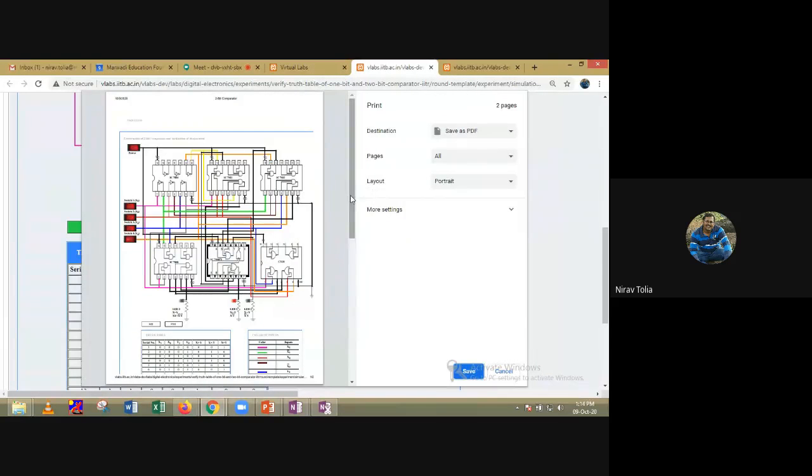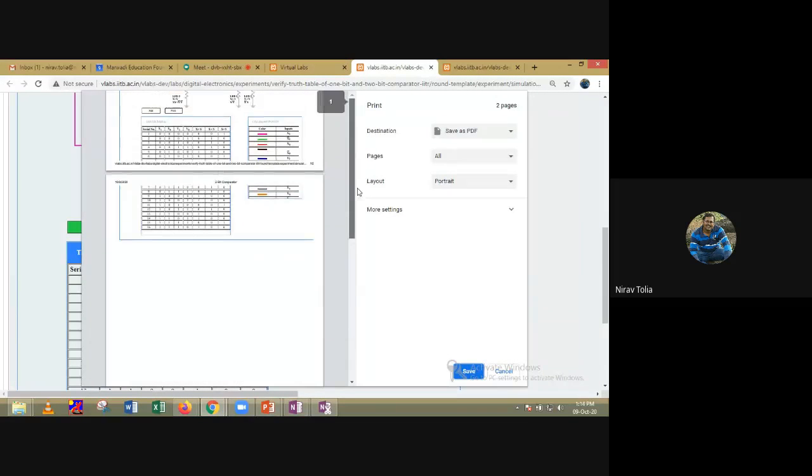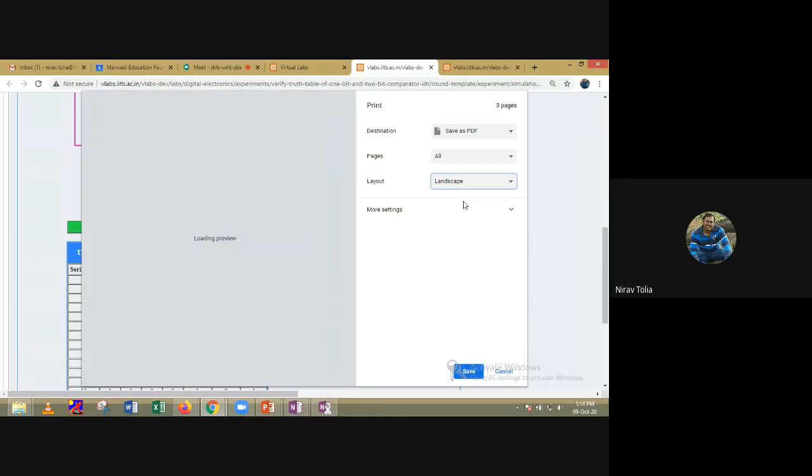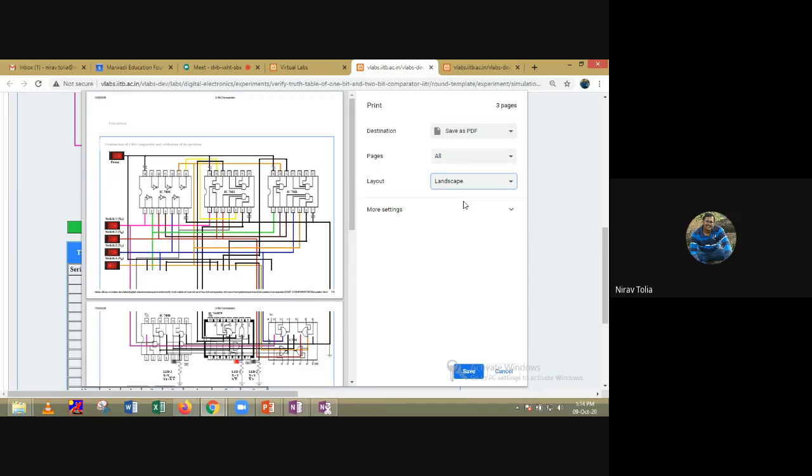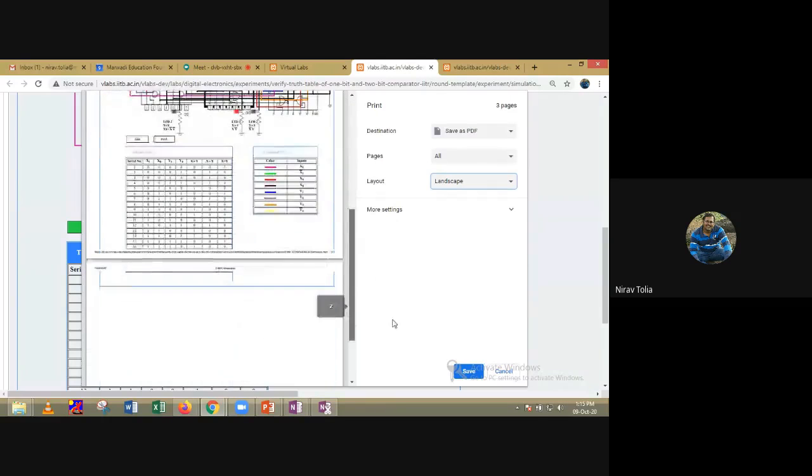So this is the table you can get. Also, you can change the layout from portrait to landscape. So you can easily take a printout or a screenshot.